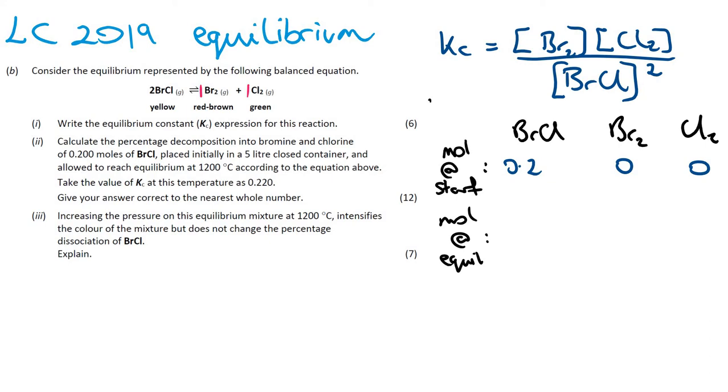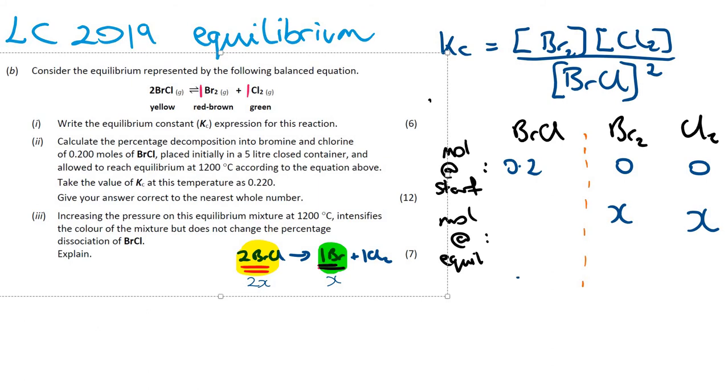We don't know the extent at which equilibrium has happened yet. We know Kc, so we don't know how many moles of bromine will have formed in the reaction, or chlorine. So what we can do is we can assume that x moles of bromine is formed, as because it's 1 bromine to 1 chlorine, x moles of chlorine will form. Now, how much bromochloride will have been used up? So the moles of BrCl is 0.2 minus 2x.